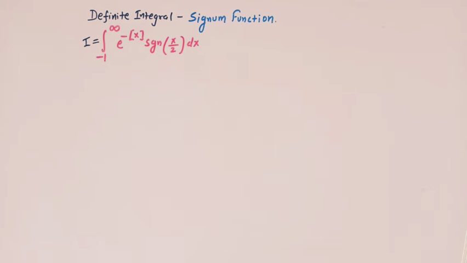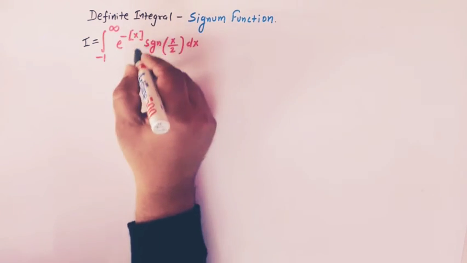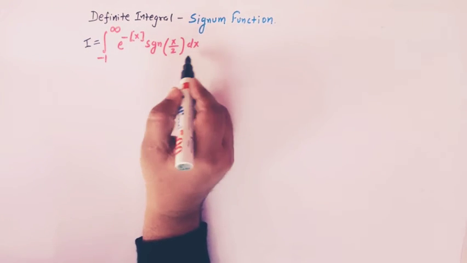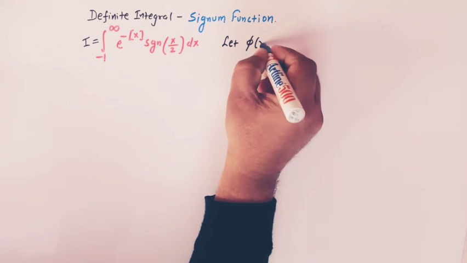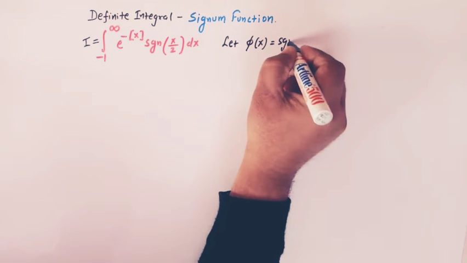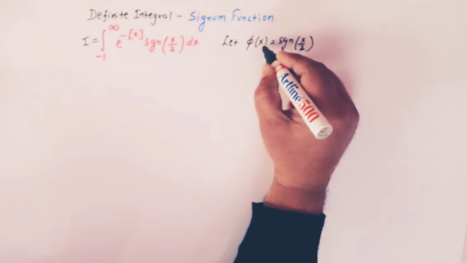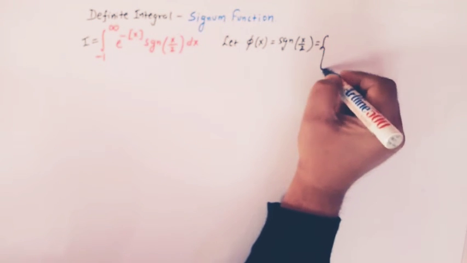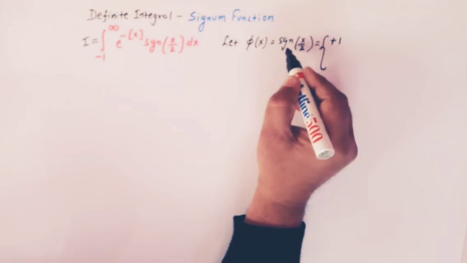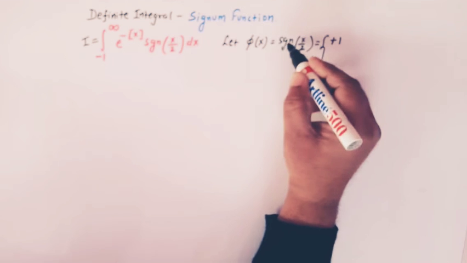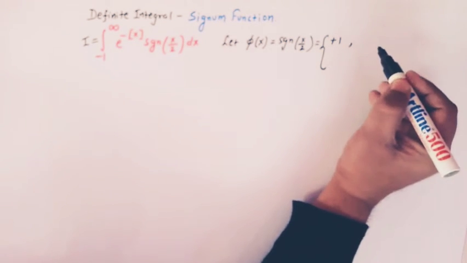Now before proceeding further, let us first define the function signum of x over 2. Let us take signum of x over 2 as phi x. So phi x is equal to plus 1, because from the definition of the signum function, signum of x is equal to plus 1 whenever x is greater than 0.